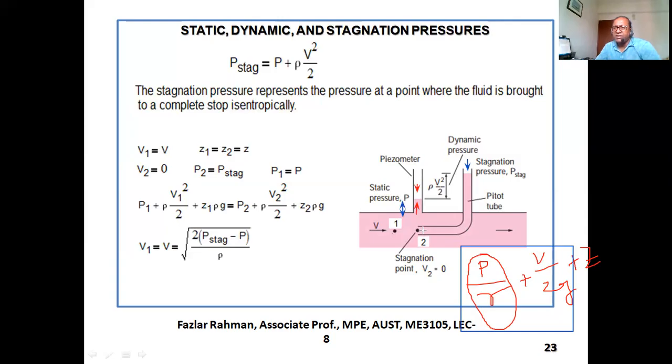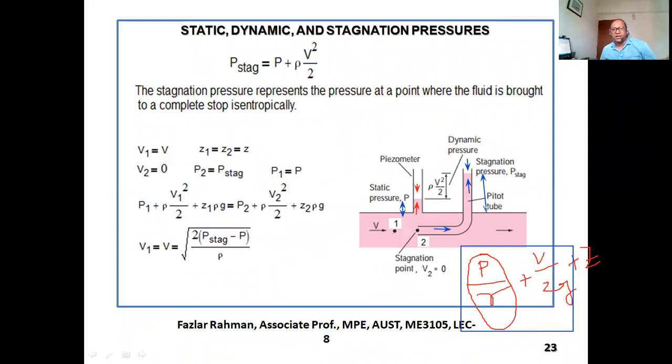That converted pressure energy adds with the static pressure P by gamma, and it increases the pressure more. So through this pitot tube, the fluid tries to move upward due to the pressure. But this pressure is extremely high, higher than the atmospheric pressure. That's why the fluid moves upward this much height.